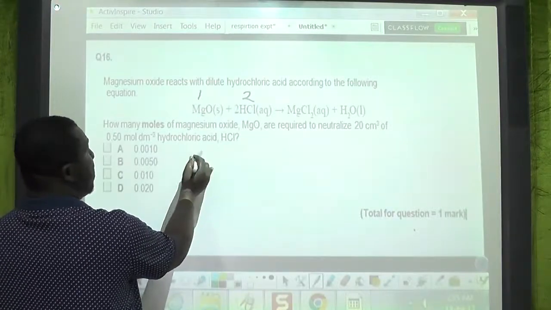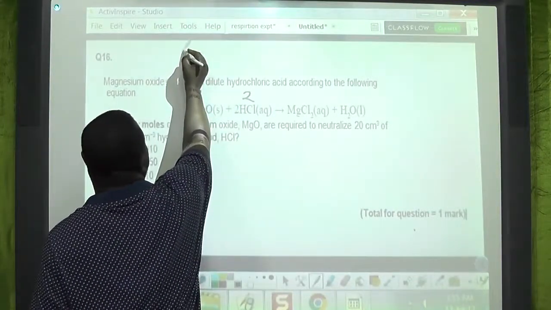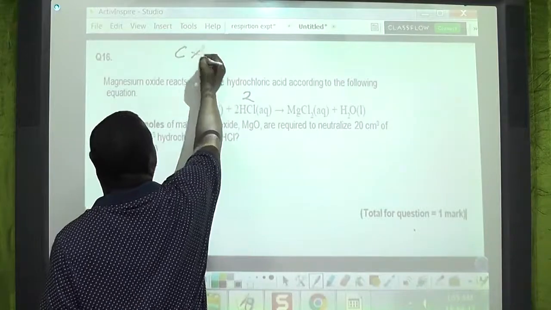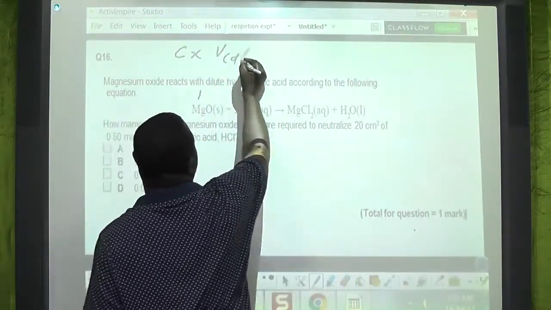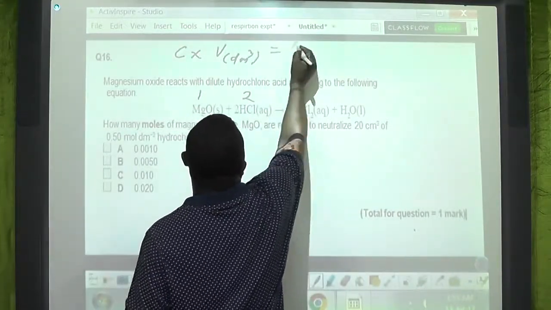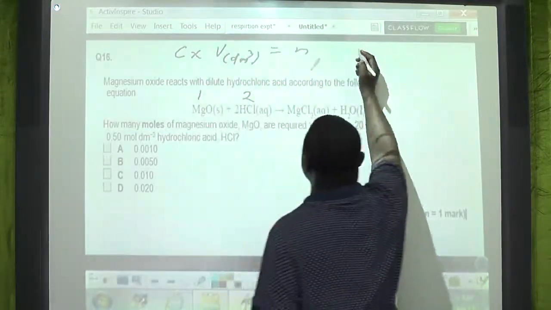So I use my formula, which is, I like using concentration multiplied by volume in dm cube equals to n. You can use your 1000 thing if you like.